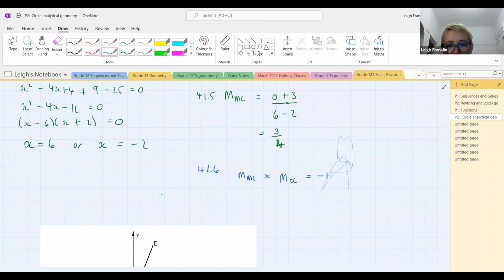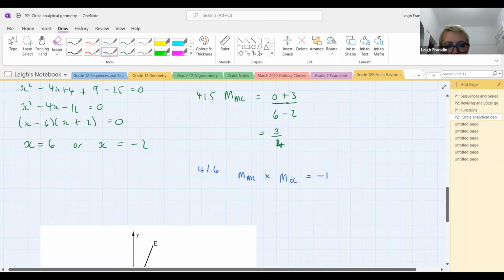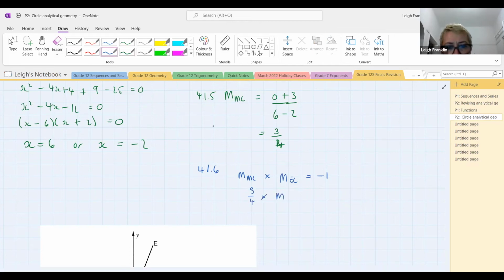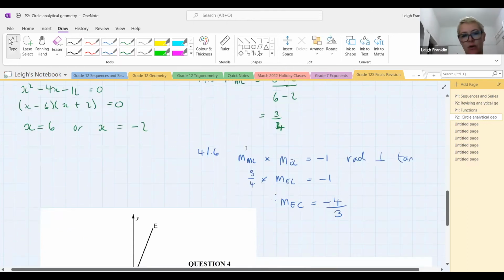So that means 3/4 times the gradient of EC is equal to -1. This is because the radius is perpendicular to the tangent. I should have put my reason in. So that means that the gradient of EC is going to be equal to -4/3.